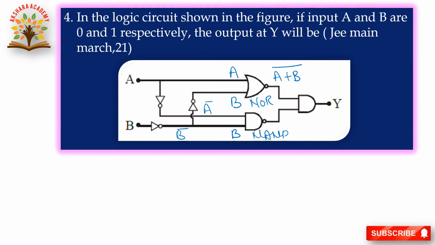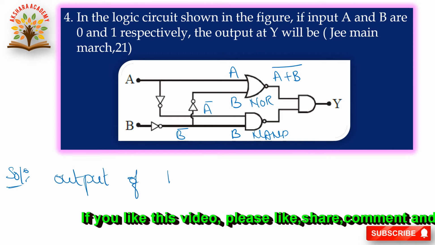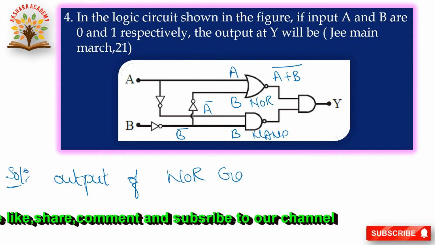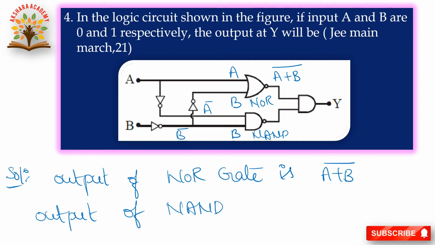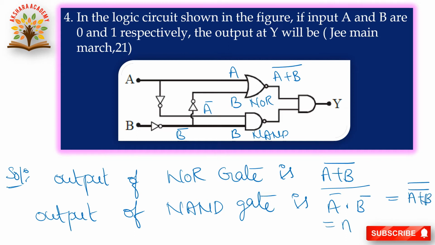Now the output of NOR gate is A plus B bar. The output of NAND gate is A bar dot B bar whole bar, which is equal to A plus B bar, that is equal to A plus B.